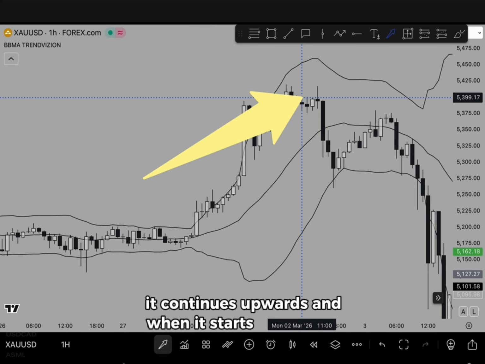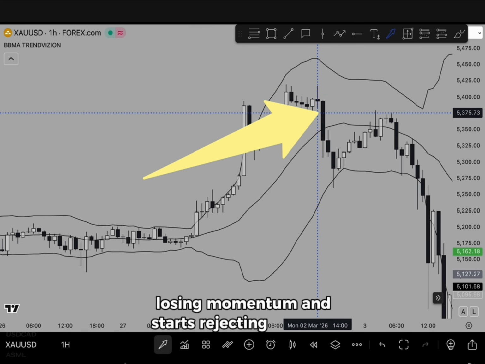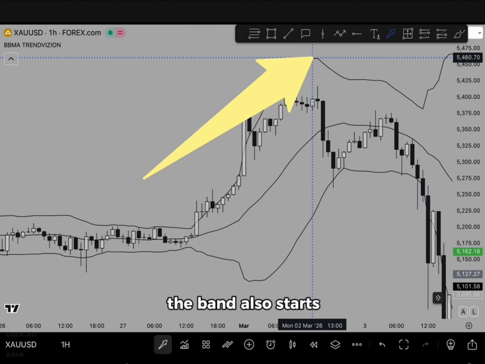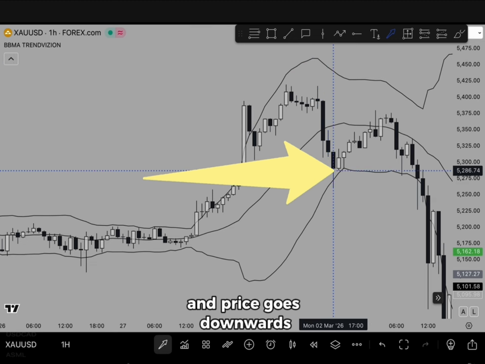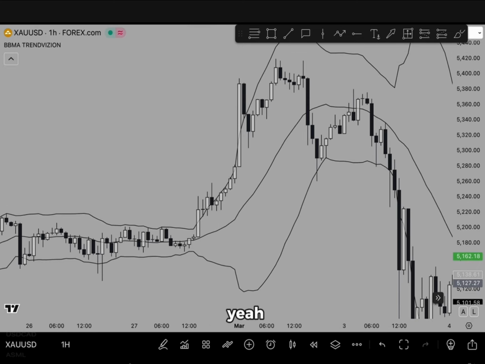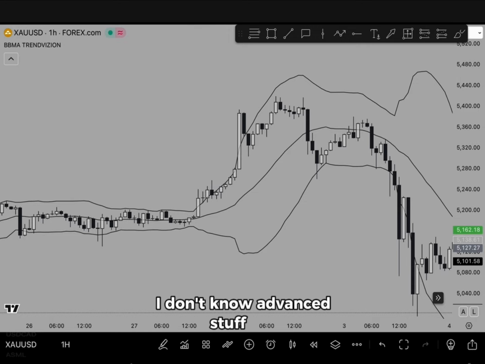When price starts losing momentum and starts rejecting, the band also starts curving downwards again, and price goes downwards. But that might be some advanced stuff.